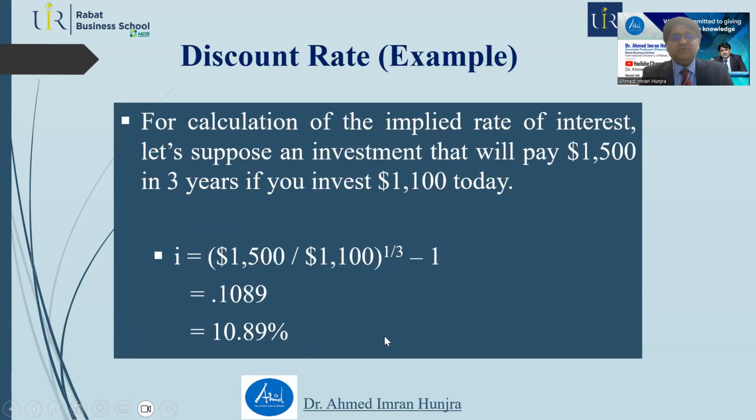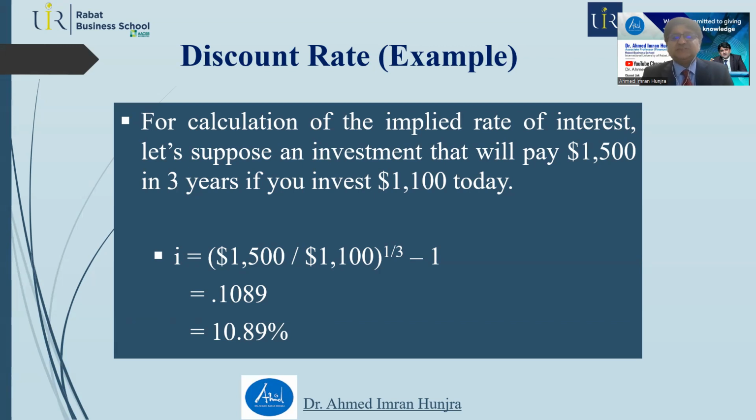Here we have an example to calculate the implied rate of return or interest rate. For example, if you invest today, that is today's present value, and what you want to have, that is the future value, in a specific number of time periods, that is the t. So what is the question?